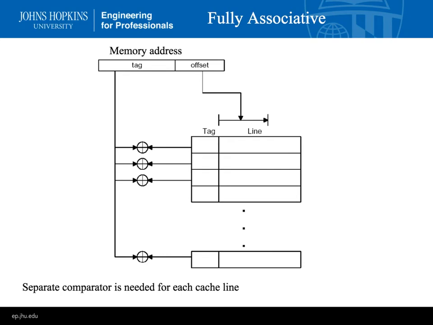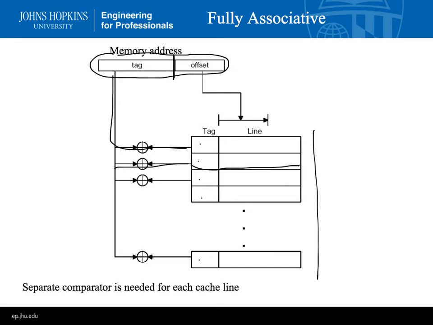Here's another view. When we ask for a memory address with our load word or store word, here's going to be the whole address. The upper bits are going to be the tag, and we're going to look in all of these. These are all the lines of the cache. We're going to look in all the lines and see if the tag matches. If there's a match, we go there.